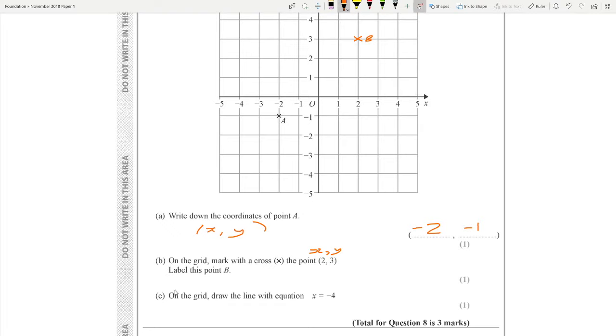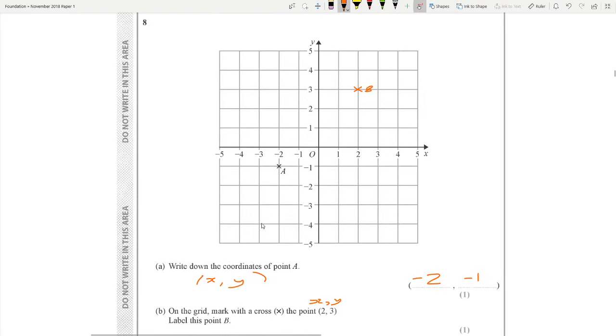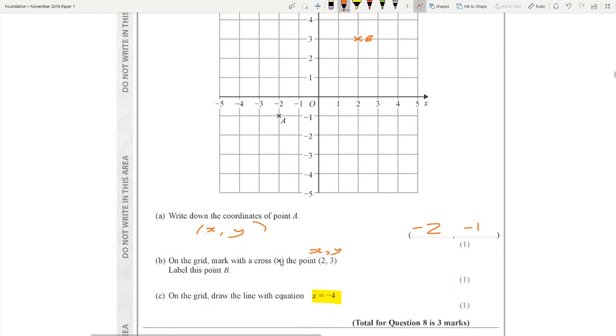Finally, on the grid, draw the line with the equation x equals -4. Now what that means is you want to draw the line that goes through the x-axis, and only the x-axis, at -4.